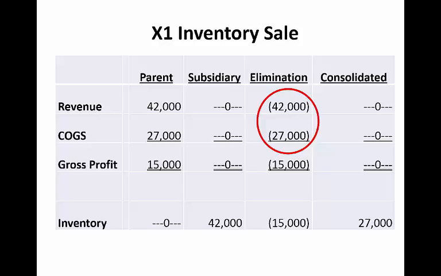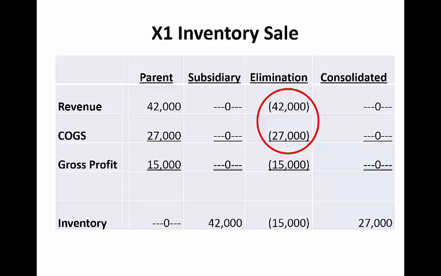The subsidiary has inventory on their records for $42,000. Is that the correct value of the inventory? Is that the value paid for from third parties? The answer is no. That value is $27,000. So what we can see is that the gross profit amount, we can't recognize it, so we have to do something with it.